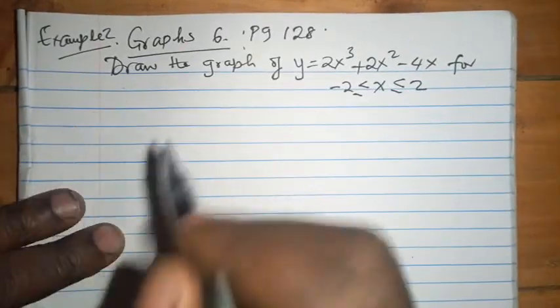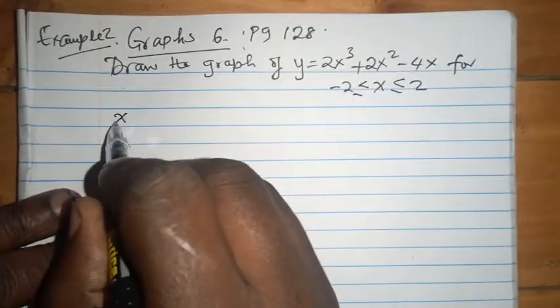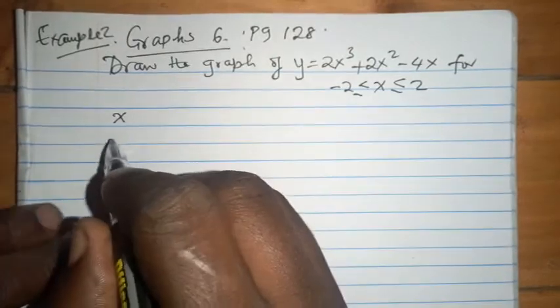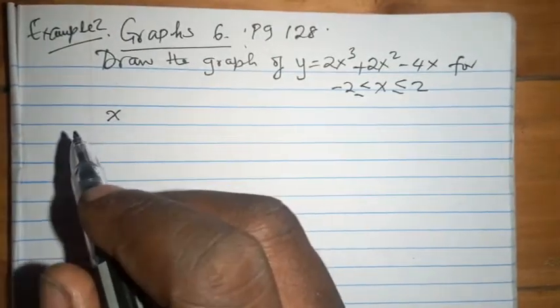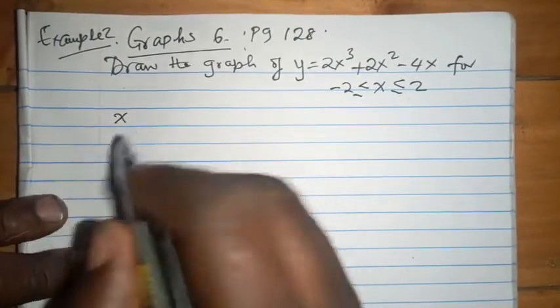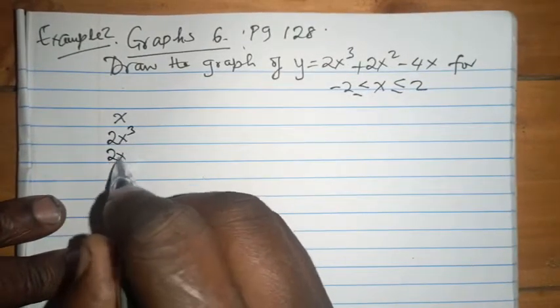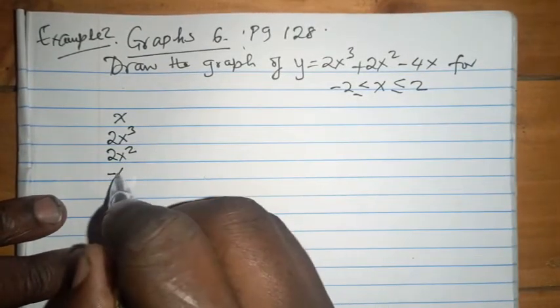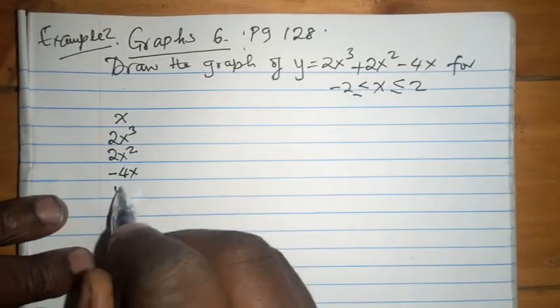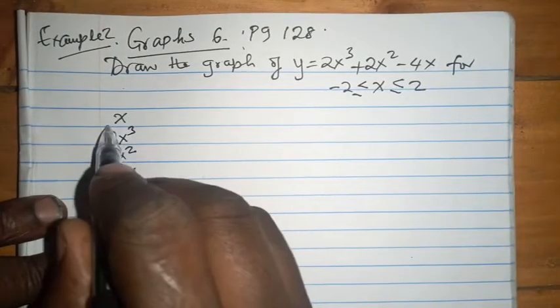We have x, 2x cubed, 2x squared, minus 4x, and finally y.